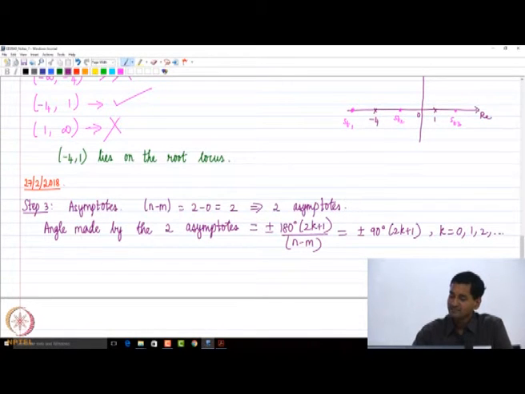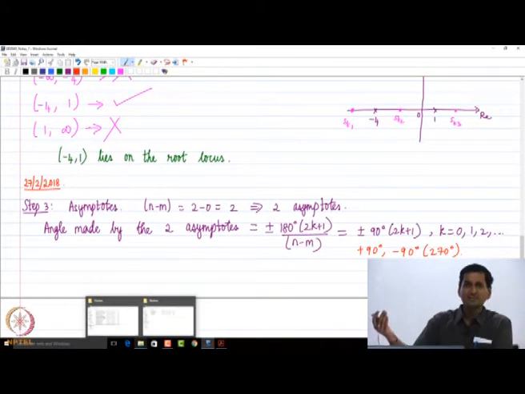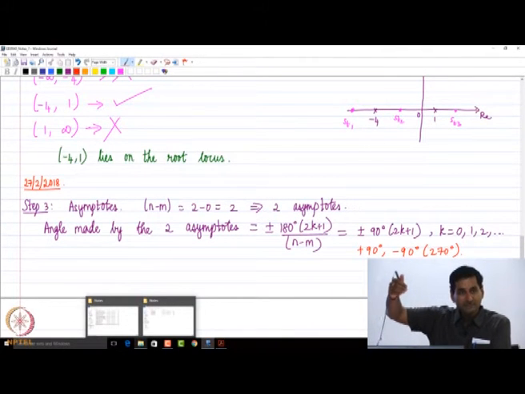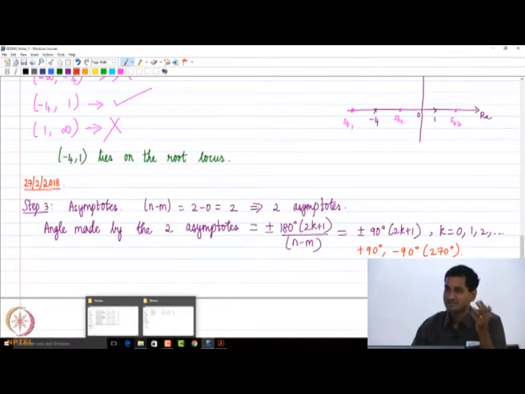In this case I can write these 2 numbers as plus 90 degrees and minus 90 degrees. Minus 90 degrees is the same as 270 degrees. If minus 90 means you start from the positive real axis and go 90 degrees in the clockwise direction, that's essentially plus 270, starting from the positive real axis and going counterclockwise by 270 degrees. So that's the same thing.